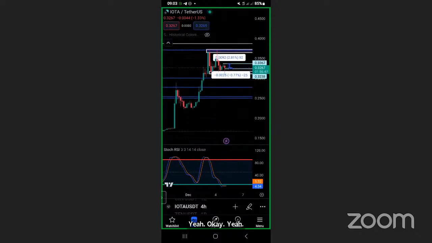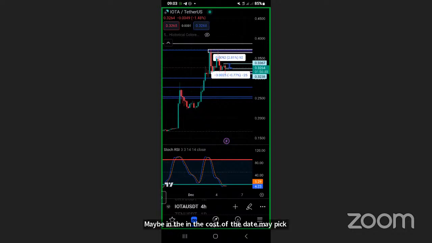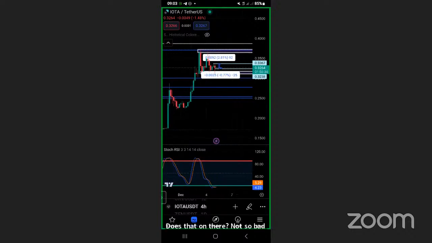Maybe in the course of the day, it may pick up because it is really within the oversold region. It is around there, not so bad, not really bad.